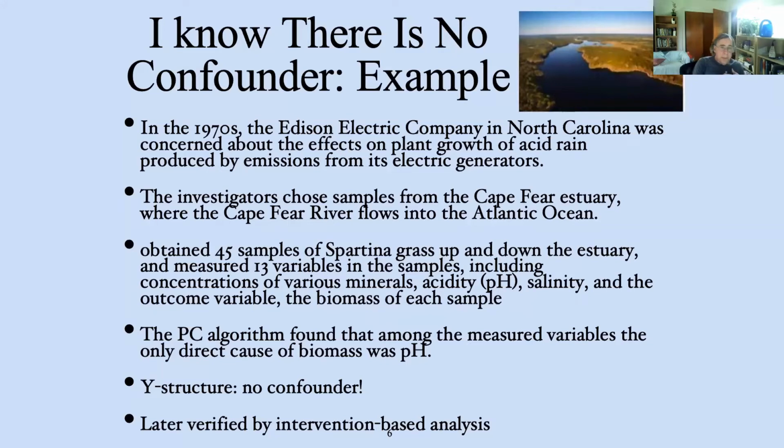So those are cases where, from the conditional independencies, we can tell that there's no confounder under the causal Markov and causal faithfulness assumptions. Now, as an actual example of this, in the 1970s, the Edison Electric Company in North Carolina was concerned about the effects of plant growth on acid rain.